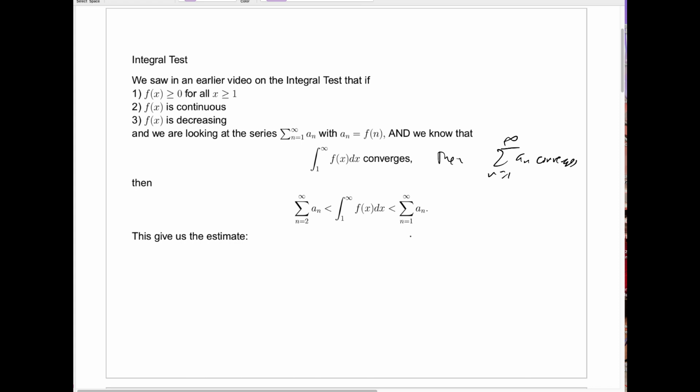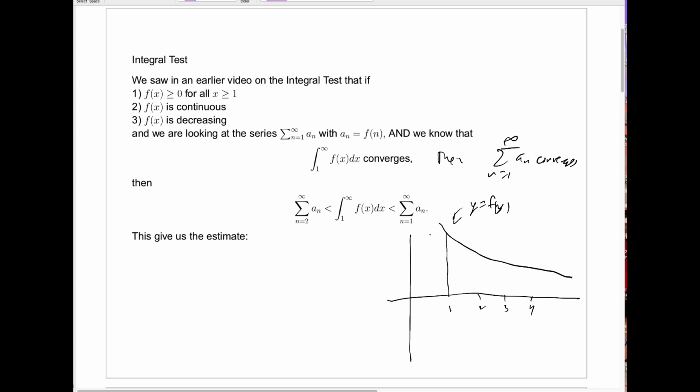Let me remind you of the picture that told us that. We have a decreasing, continuous, and positive function, y equals f of x here to give us this curve. Here we have 1, 2, 3, 4, etc. The height here, the y-coordinate of this point, is exactly a sub 1.